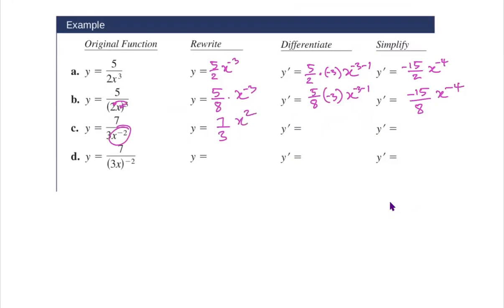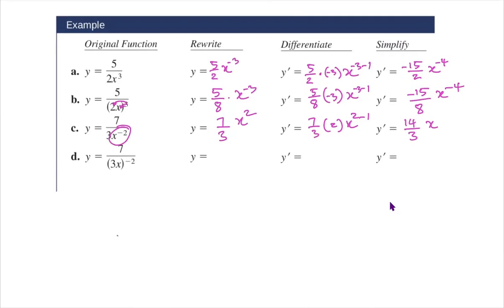So I can use the power rule and the constant multiple rule. 7 over 3 times 2 x to the power 2 minus 1. Simplify. That's 14 over 3 x to the power 1, but x to the power 1 we don't have to write.